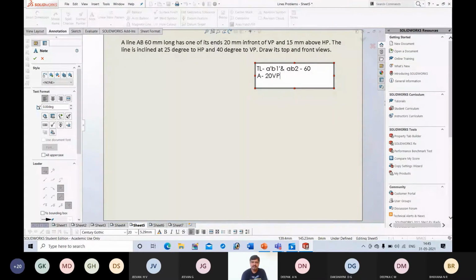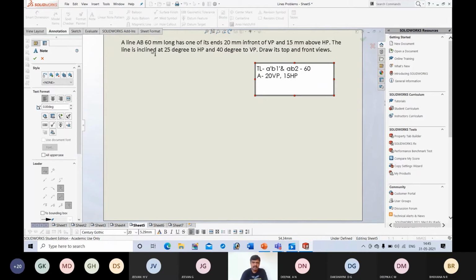Next, 15 mm above HP means it will be 15 from HP. By default it will be above HP, since we are considering only first angle projection problems.